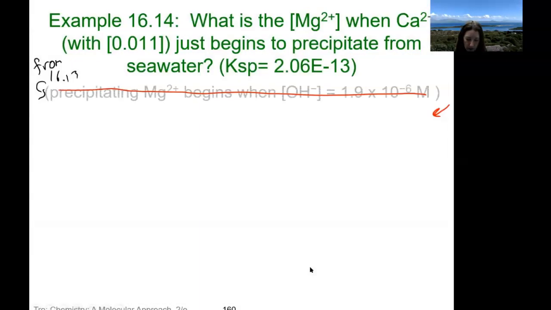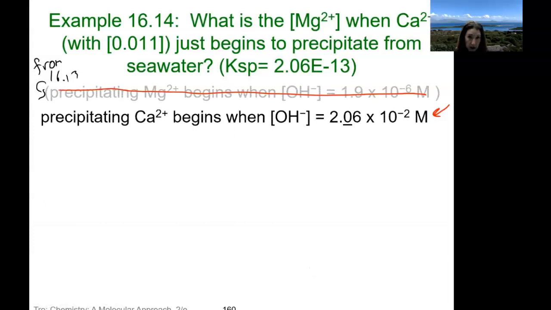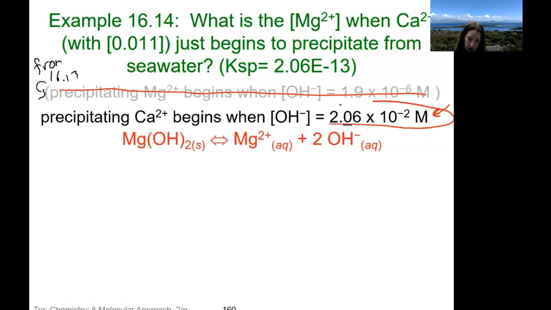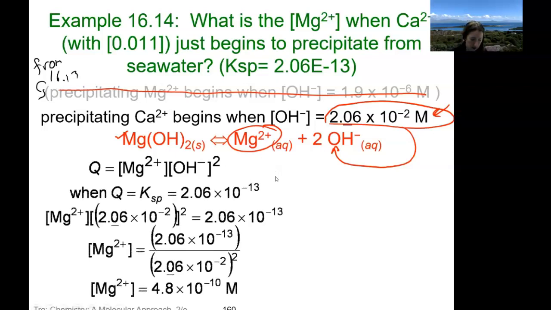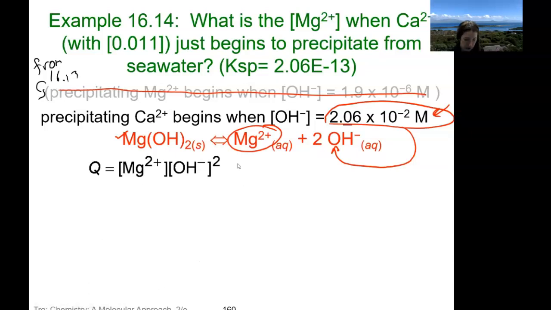2.06 times 10 to the negative 2. So calcium begins to precipitate when OH is 2.06 times 10 to the negative 2, right? Now we're going to use this for our OH. We know the Ksp of magnesium hydroxide, and we're going to use that to solve for our Mg. Writing our equilibrium expression, and again, Q is K. Let me write all the math here.